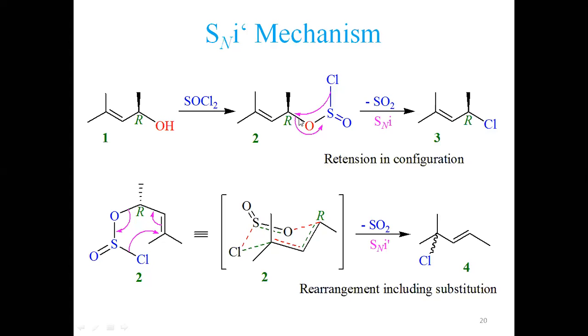This means if it is leaving, this electron pair is transferring there, this pi electron may be transferring here, and this chloride ion may be transferring at this position. So this is a very unique, interesting example. But how does it proceed? Let's say I have presented it in structure number 2. I have restructured this one. This has an R absolute configuration.